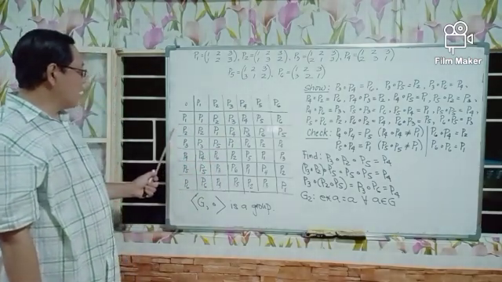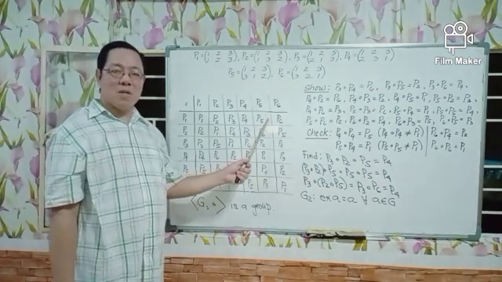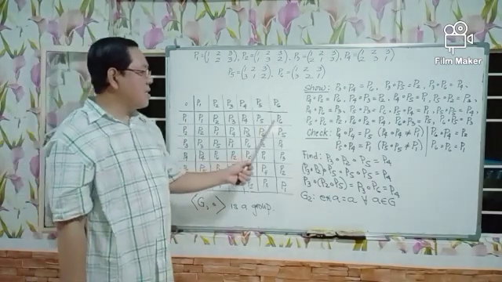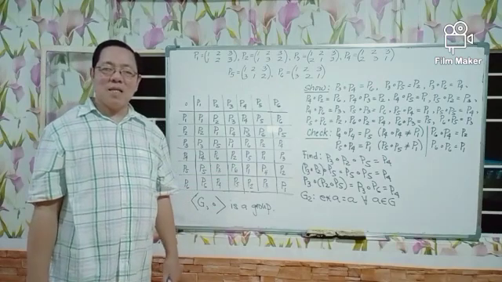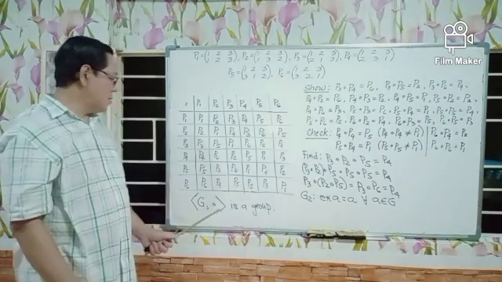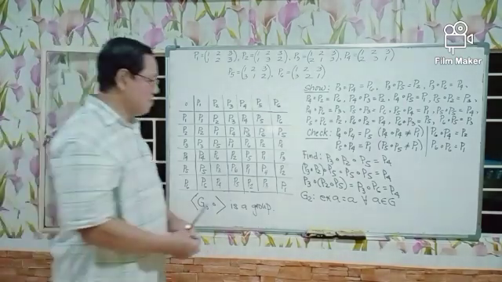If you take the composition of P1 and P5, the result is P5. And the composition of P1 and P6 is P6. Therefore, we can say that P1 is the identity element for the group G under composition of function.